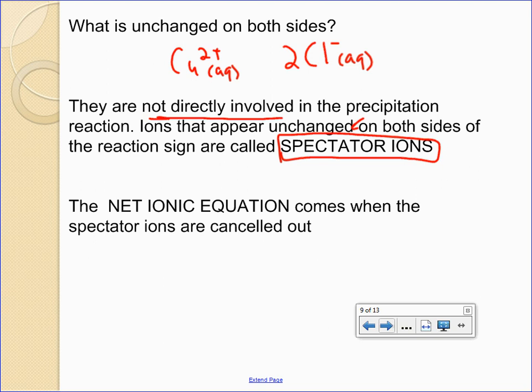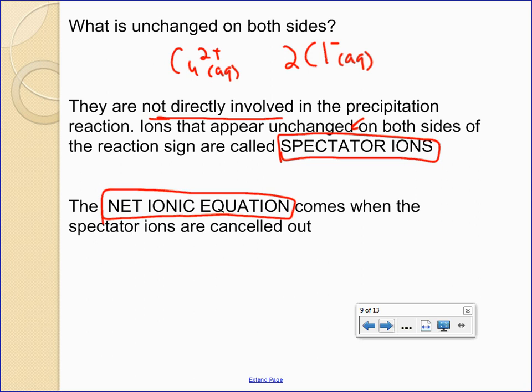So if it's in the same state on the reactant side and the product side, we refer to it as a spectator ion. Spectator ions we have no interest in. They're not participating in the reaction, so we don't really care about them. So what we can do is remove those spectator ions, and what we are left with is what's referred to as the net ionic equation.